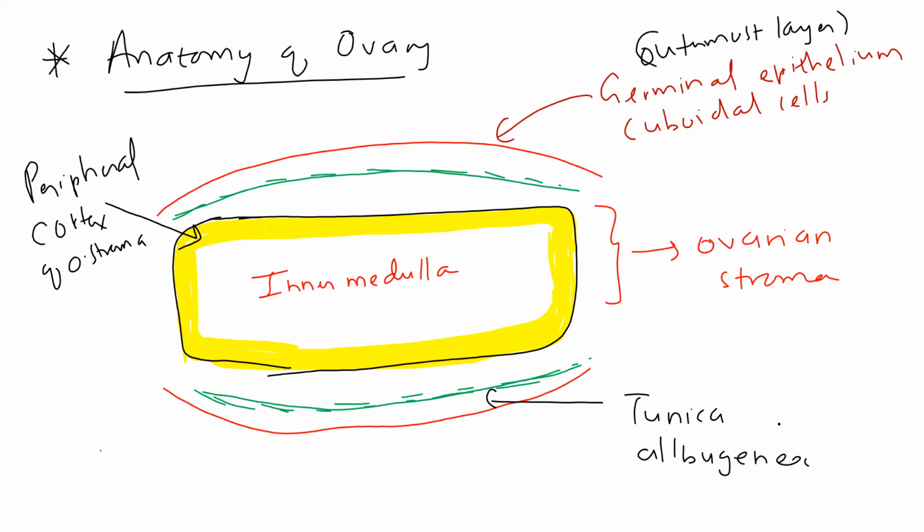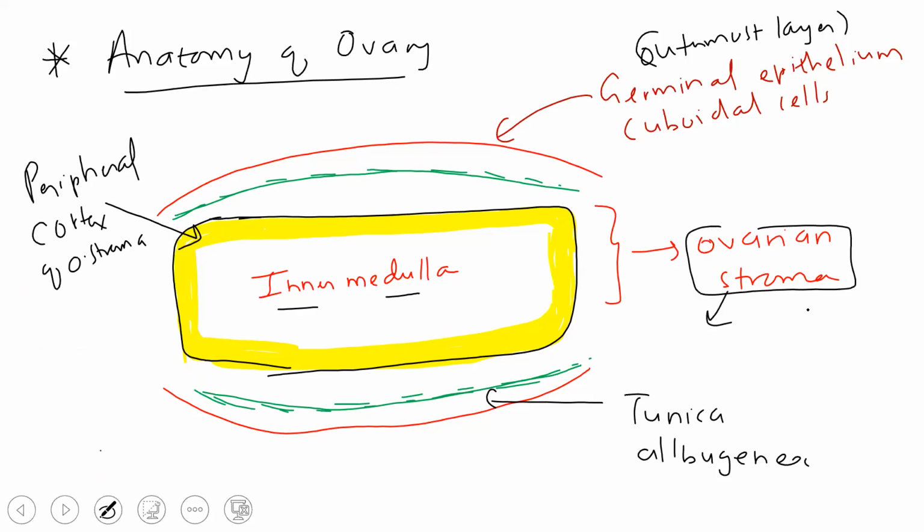This highlighted part is the cortex, and the center part is the medulla. These are both the divisions of the ovarian stroma: peripheral cortex and central medulla. Always in biological terms, medulla means center, and periphery means cortex.